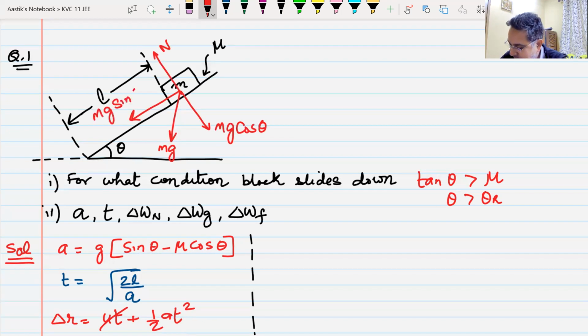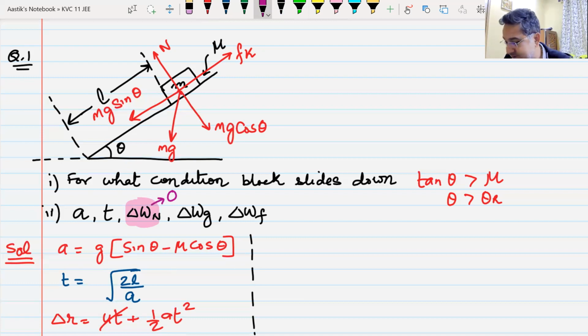No one knows it? Yes. What is the work done by normal reaction? 0. Work done by normal reaction is 0. Why is it 0? Perpendicular. It is perpendicular. Well done. So this is 0. Next comes our old friend gravity.